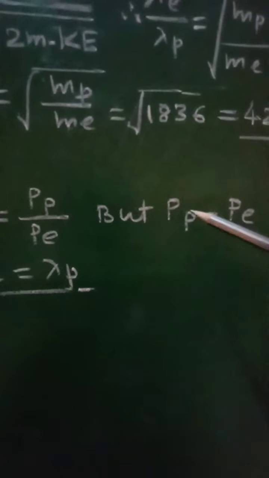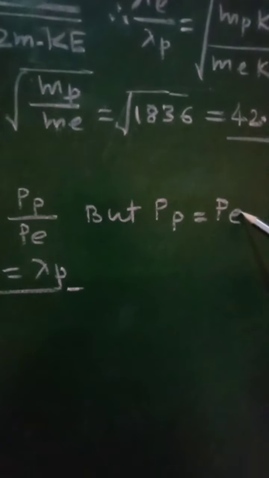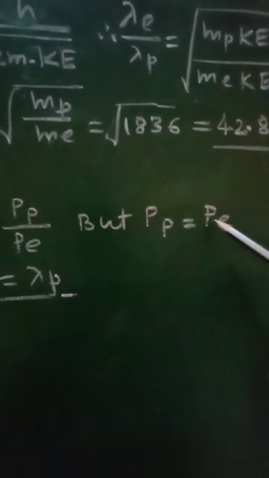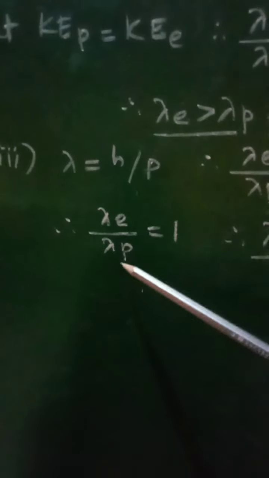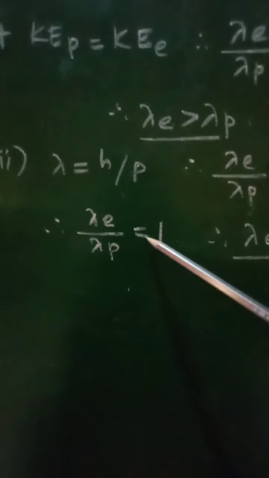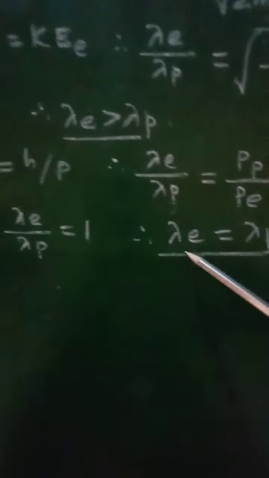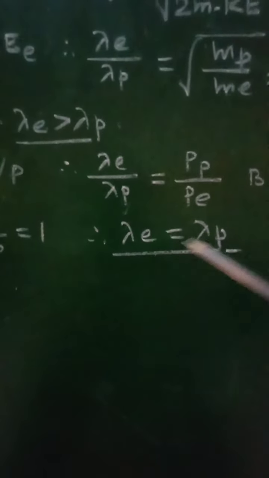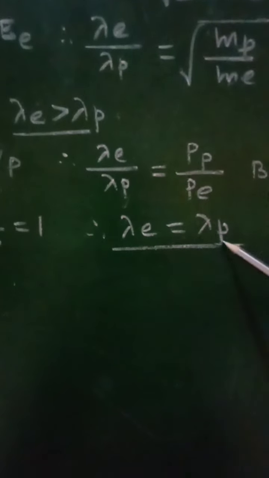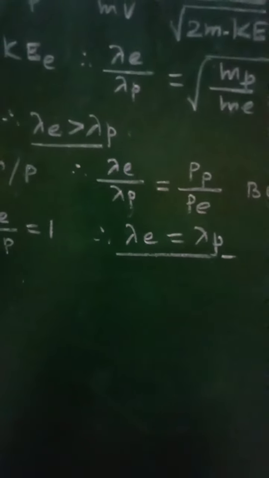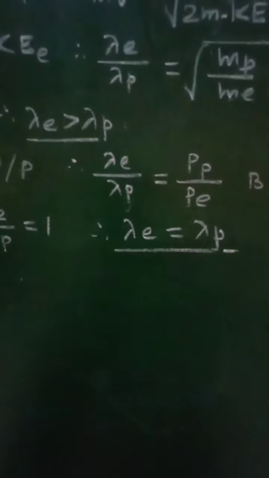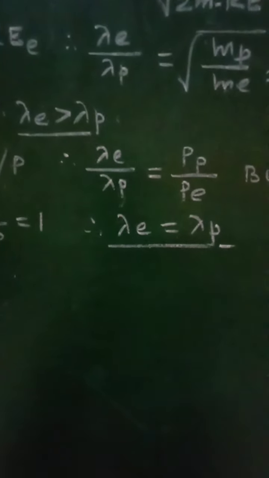But in this case, given that p_p is equal to p_e, for both proton and electron momentum is the same, and therefore we will get lambda e upon lambda p equal to 1, that is lambda e will be equal to lambda p. So in the third case, the wavelength for both proton and electron will be same.